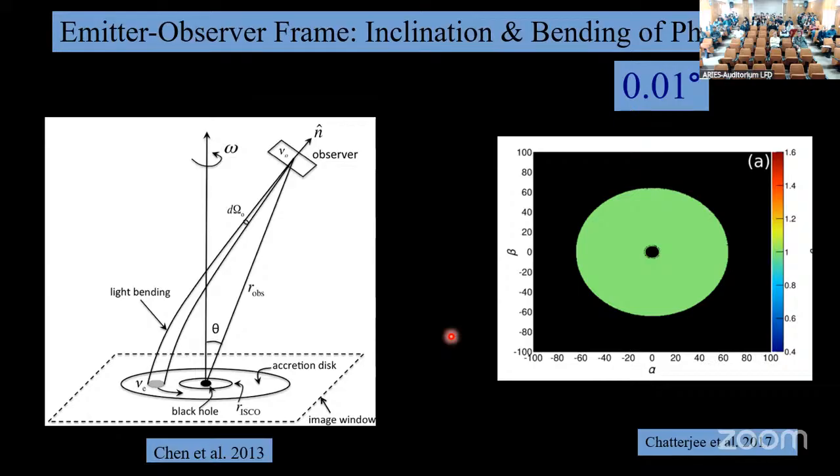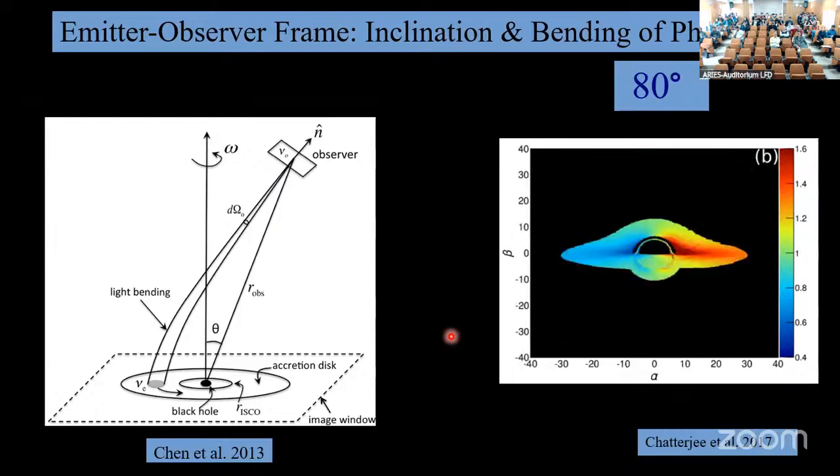So we did 0.01 inclination, and you can see the spread. This is the color bar which corresponds to the Doppler effect. So any line will be split. You can see that there is no splitting, and the same accretion disk would be split into several colors if you go to higher inclination, let's say 80 degrees.